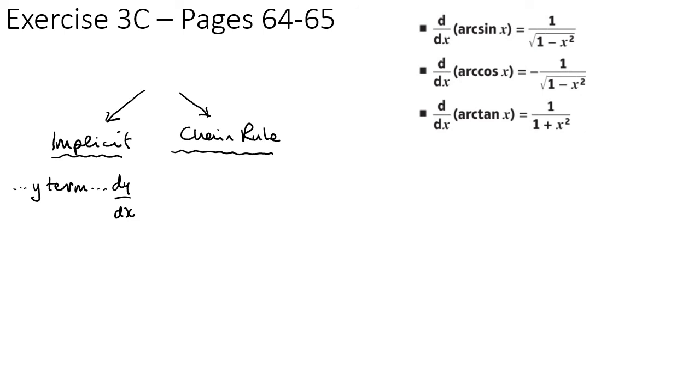With the chain rule, we want to make a function equal to u, so it's normally the bit that's like the function of a function, like x squared or something like that. And then we'll work out dy/du and then du/dx to get dy/dx.